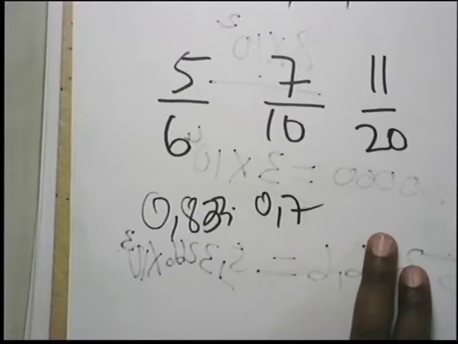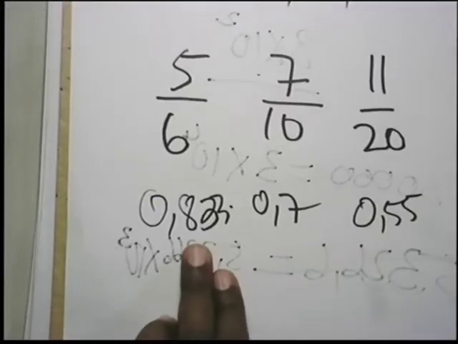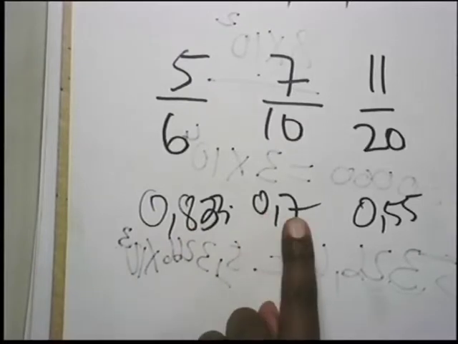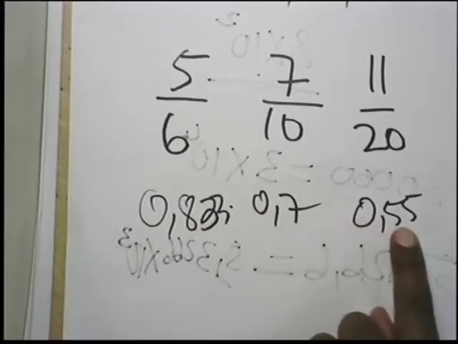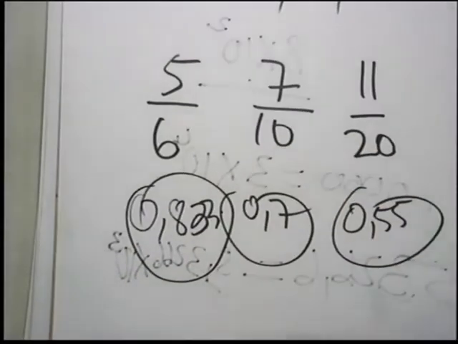And then the next one is 11 divided by 20, and that is 0.55. So now when you look at this, you can even see for yourself that 0.8 is bigger than 0.7, and that is bigger than 0.5. That is also another way to do it if you don't want to use the lowest common denominator way.